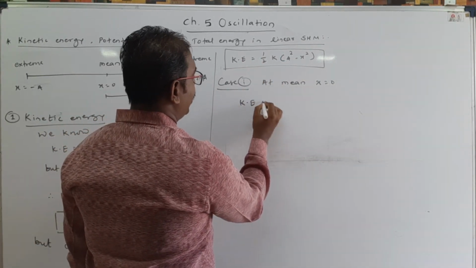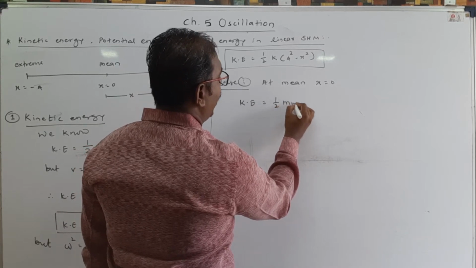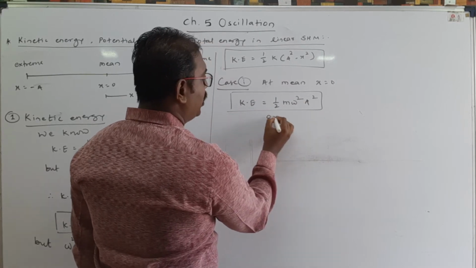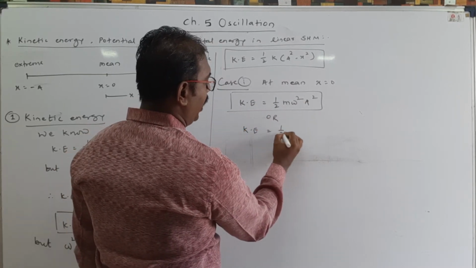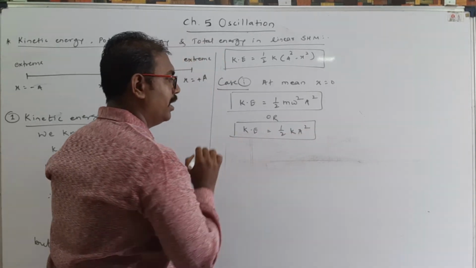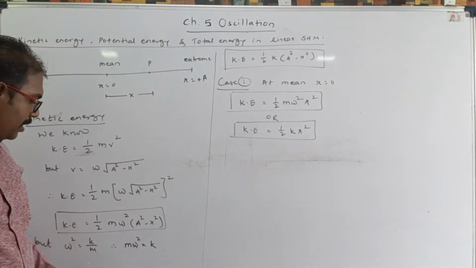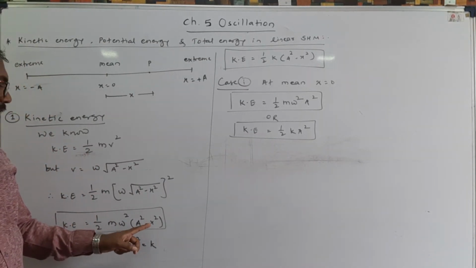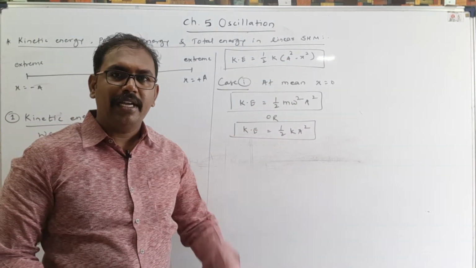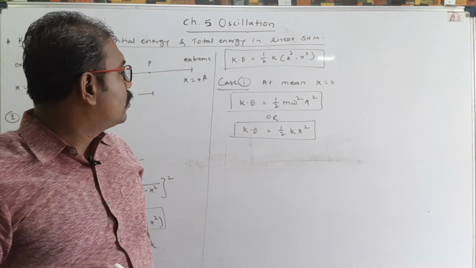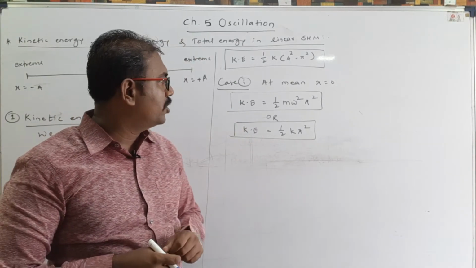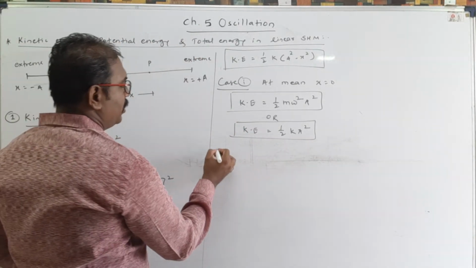So we get kinetic energy at mean as 1 by 2 m omega square a square, or in terms of k we can write 1 by 2 k a square. Any formula you can remember, or both the formulas you can remember. If I substitute x is equal to 0 in this formula, we get this expression for kinetic energy. So it means that kinetic energy is a maximum at mean position. At extreme, obviously it is coming 0.